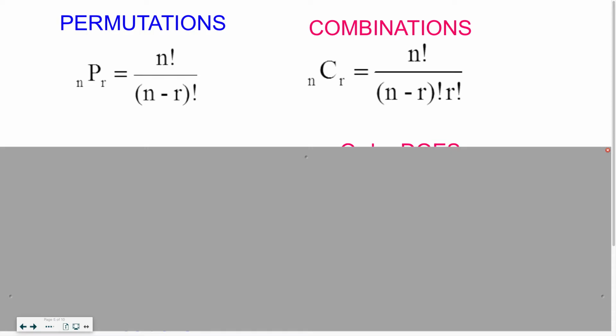I think it was when we did the letters in the word thanks, and I did 6 factorial over 6 minus 2 factorial, and all the 4 times 3 times 2 times 1 canceled and just gave us 6 times 5, which is what a permutation of 6 choose 2 would be. And then notice the only thing that's different with a combination is we got that extra r factorial, so we're dividing by the repeating sets. Okay, we don't want to include those.